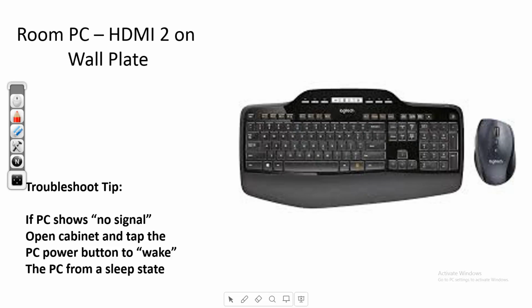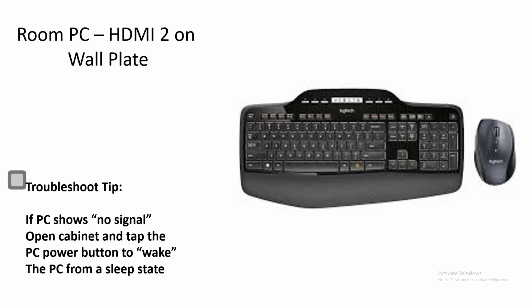So as I mentioned before, you have a wireless keyboard and mouse attached to the Room PC. HDMI 2 is the function, so the bottom left button gets you to the Room PC.